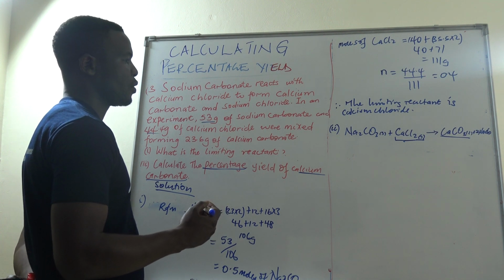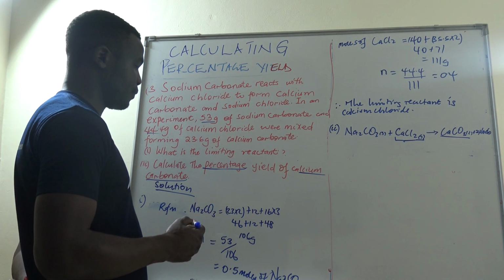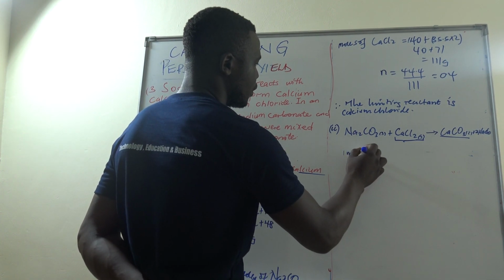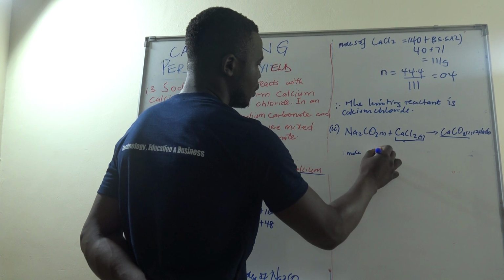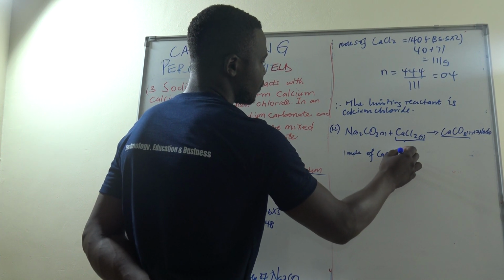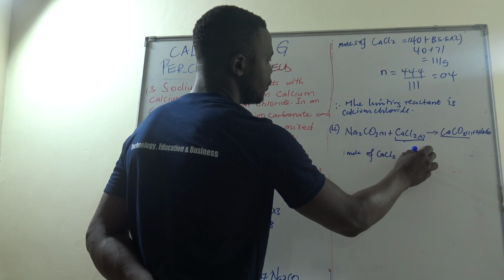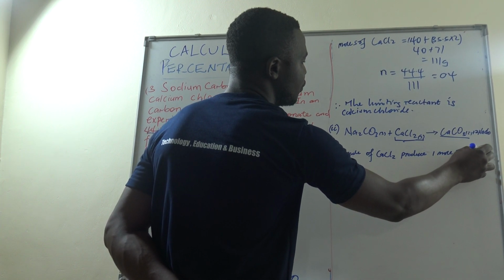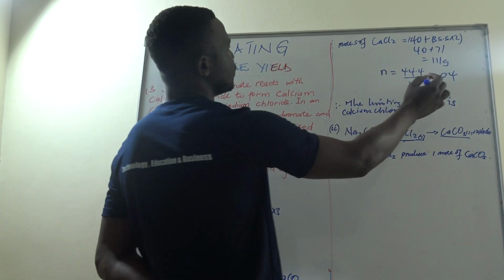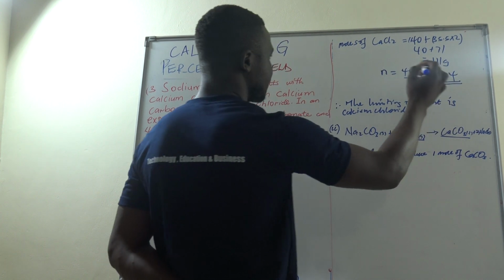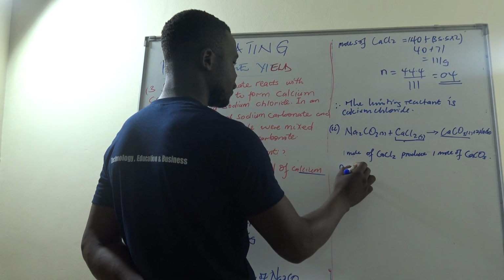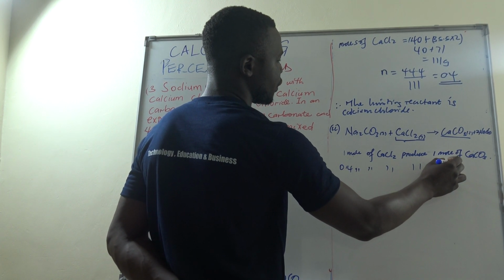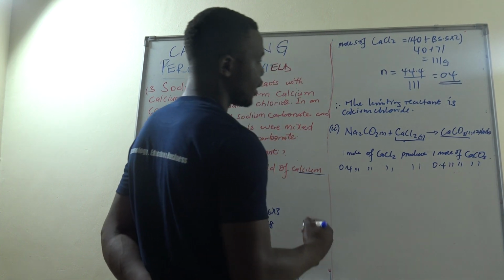From this equation, we realize that 1 mole of calcium chloride produces 1 mole of calcium carbonate. But how many moles of calcium chloride did we have? We had 0.4. Therefore, 0.4 moles of calcium chloride will also produce 0.4 moles of calcium carbonate.